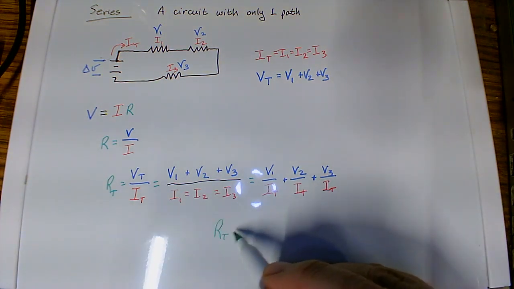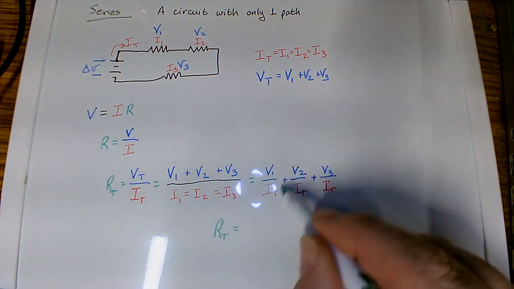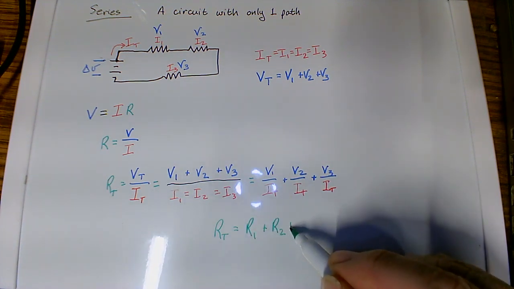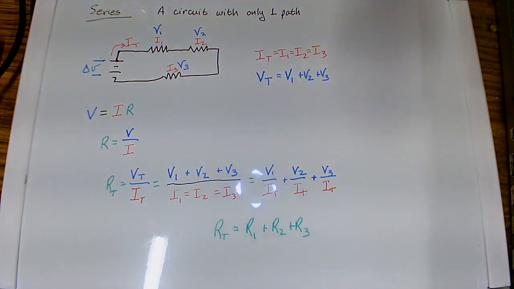So the R total is going to be R1 plus R2 plus R3. So this is what we expect to see when we do the example.